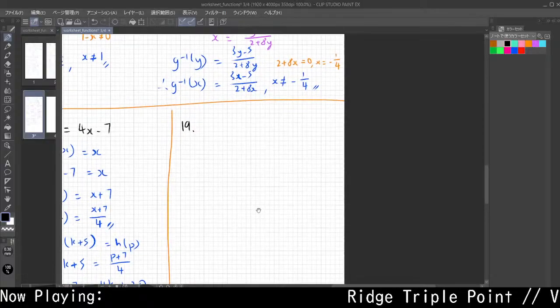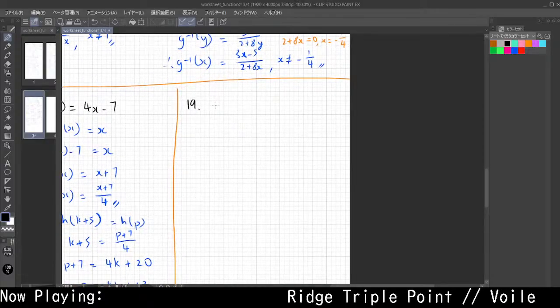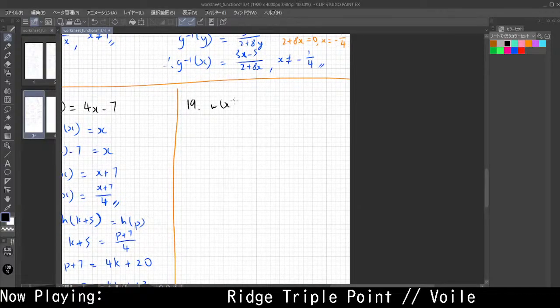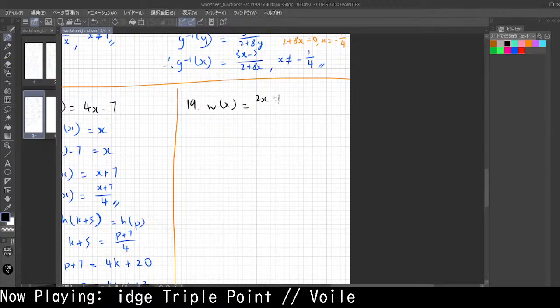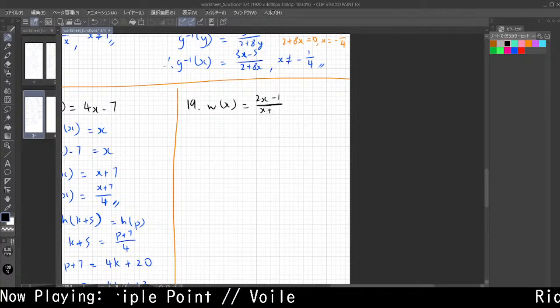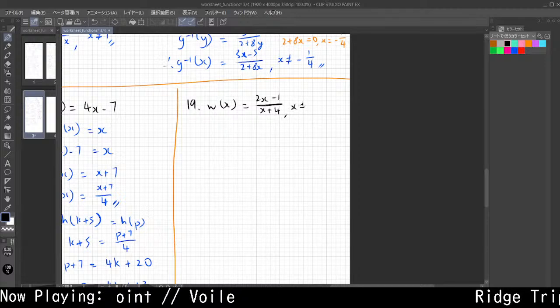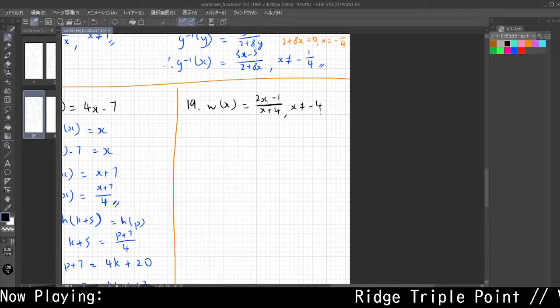So function W is defined by W(x) equal to (2x minus 1) over (x plus 4), x not equal to the value excluded by the definition.